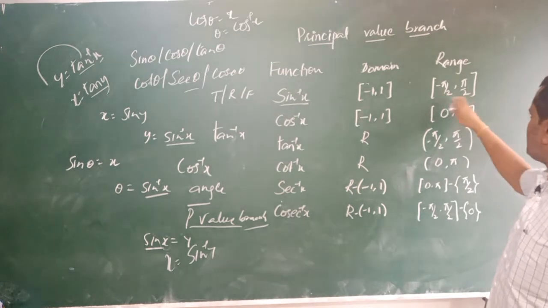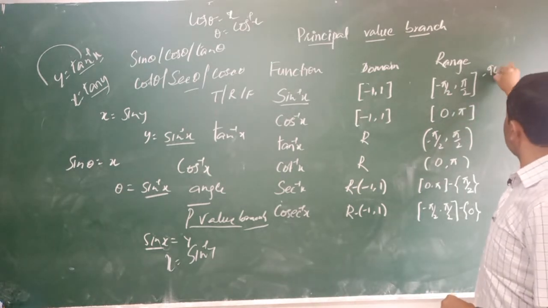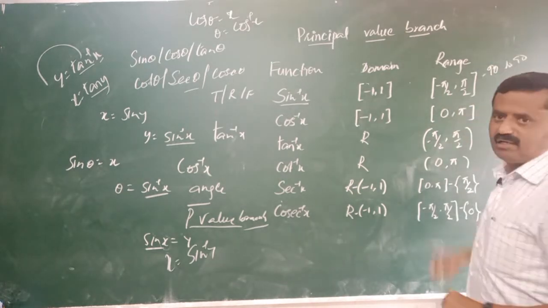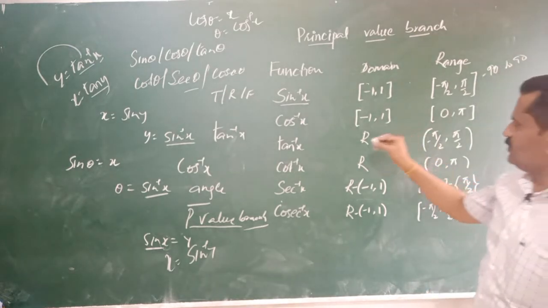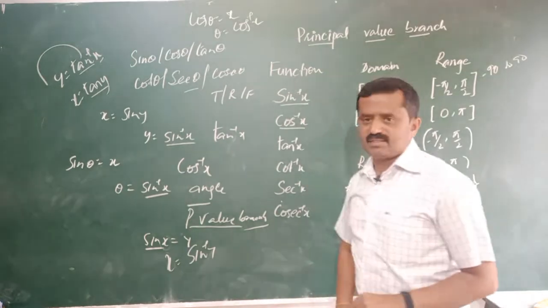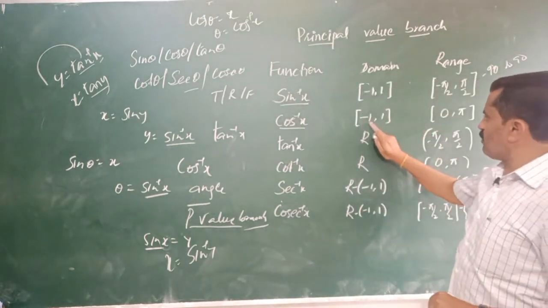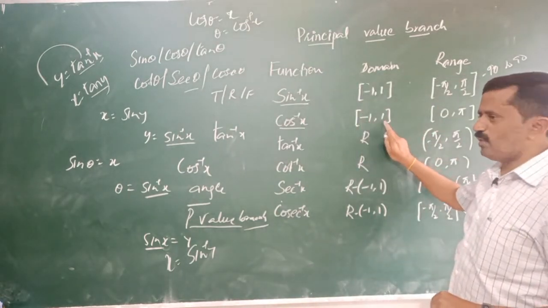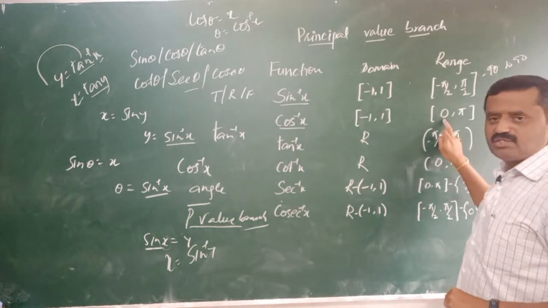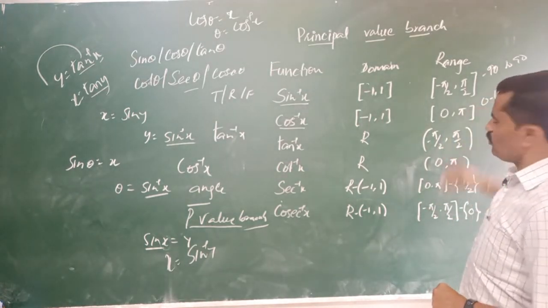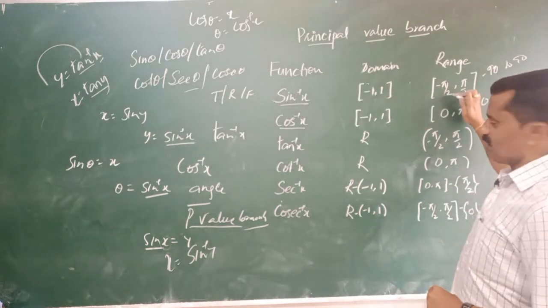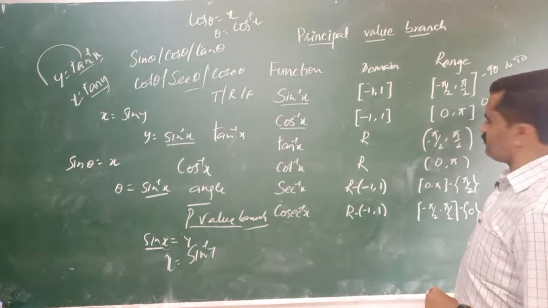That is minus 90 to plus 90 degrees. Again, we have cos inverse x. For this, we have a domain minus 1 to 1 and the range 0 to pi. That is 0 to 180. So this is in terms of radians, and this is in terms of degrees.